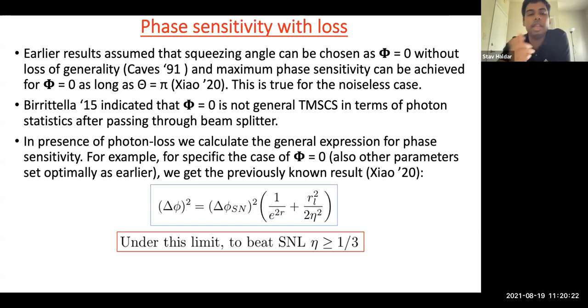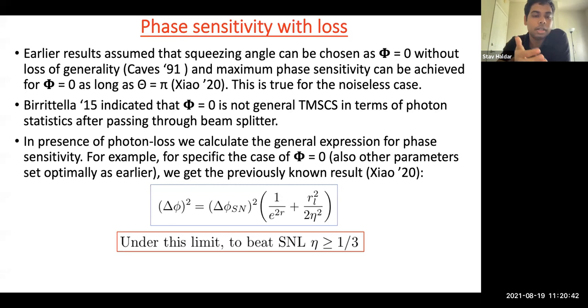The idea there was that since the photon number statistics and the photon number also depend just on that combination theta and not on the individual angles, it doesn't matter what you choose the squeezing angle to be, you can still achieve the best phase sensitivity and resolution as well.